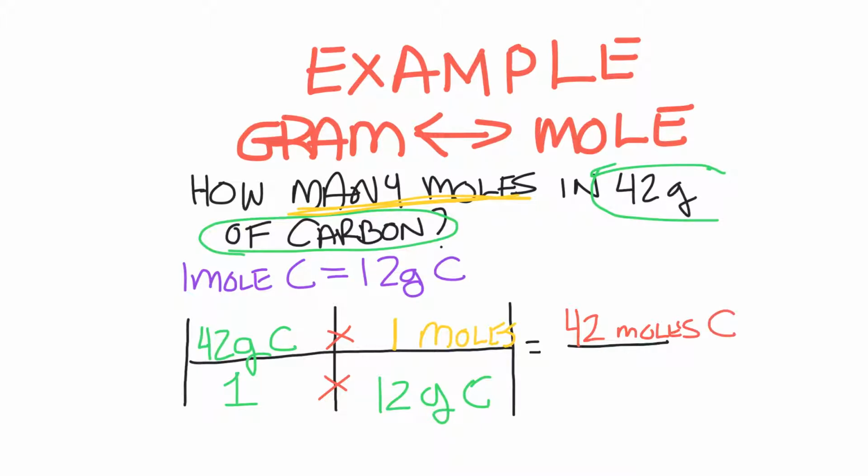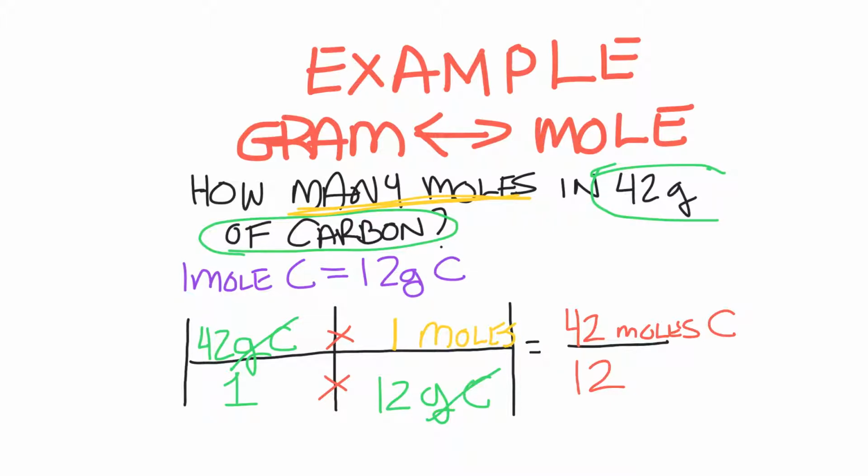Now, why do we say moles? Because what happens here is the grams of carbon will cancel out and we have moles of carbon left over. So now it's 1 times 12 on the bottom, and so we put 12 here. There's no unit because we just got rid of it down here.